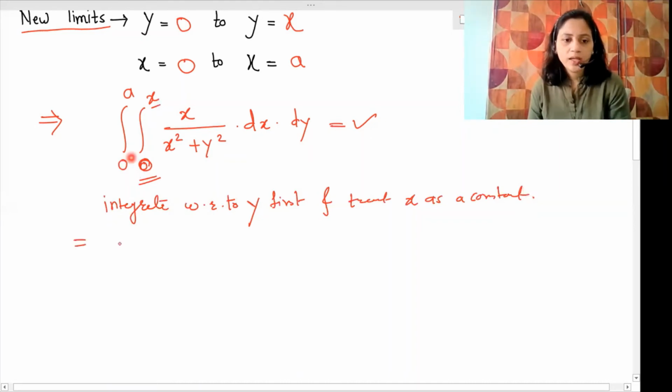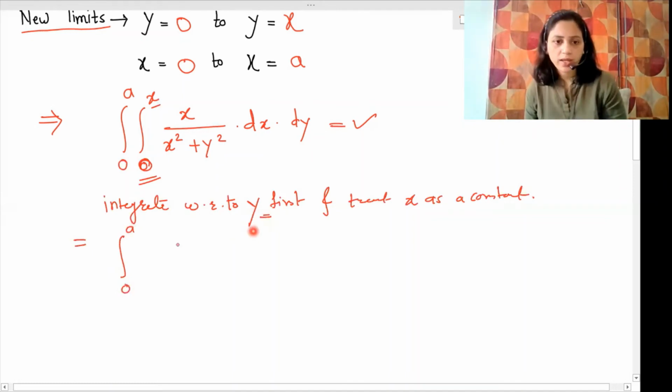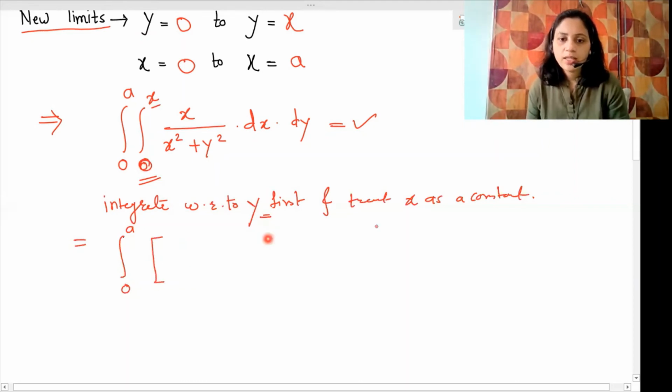Next, we are going to integrate with respect to y. So now I put a bracket over here. At the same time we are treating x as a constant, so this numerator x you can take outside the bracket.